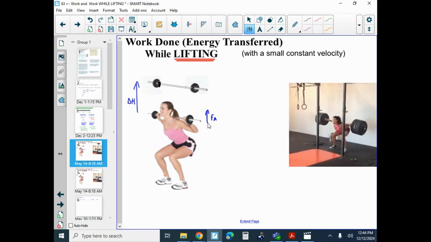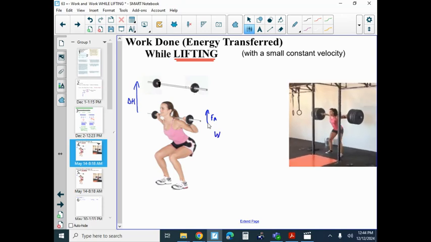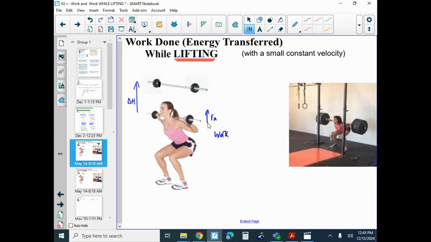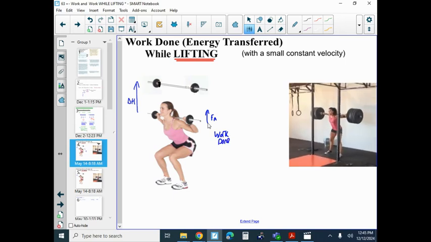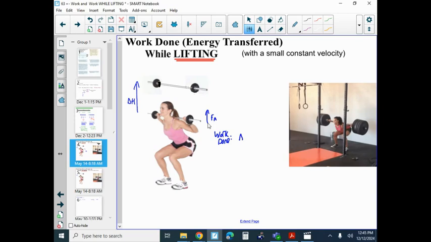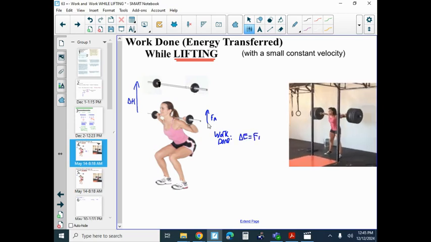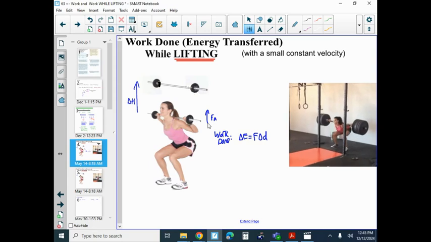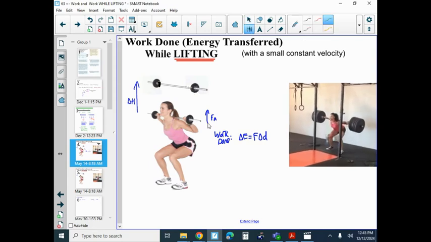So basically you'd have your, let's say, work. That says work, sort of. Work done would be your delta E equals F delta D. And looking at this, they're both up, right? You've got an applied force up, and you've got a delta H up as well, right? So they're both positive, and so we have positive work being done.